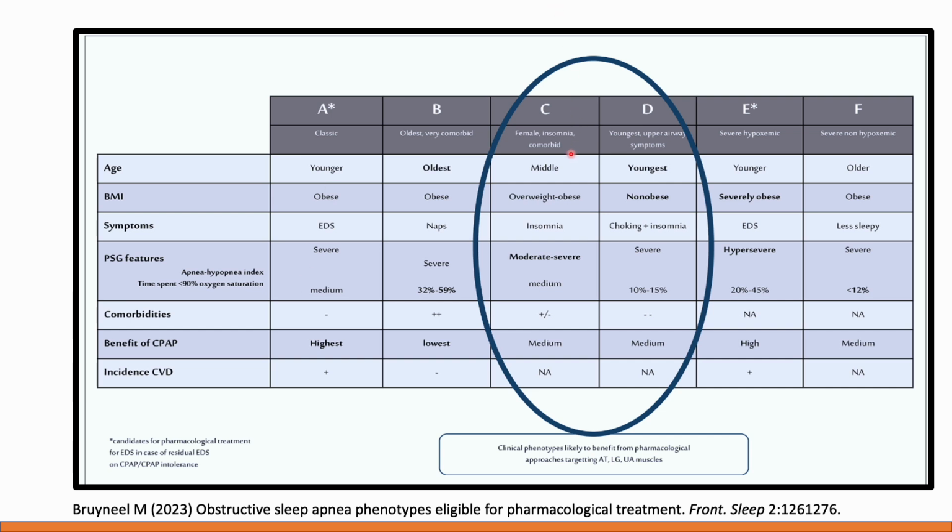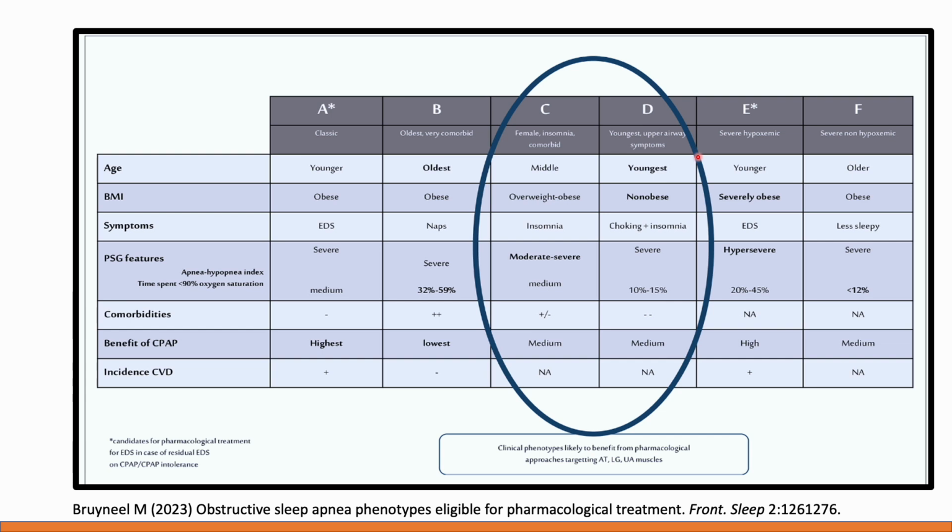Group C, the insomnics, the comorbids, and the female patients in middle age who are overweight and obese, may also have symptoms of insomnia, may also have a high AHI with oxygen desaturation, with or without comorbidities, and they may also have only a medium benefit from CPAP.